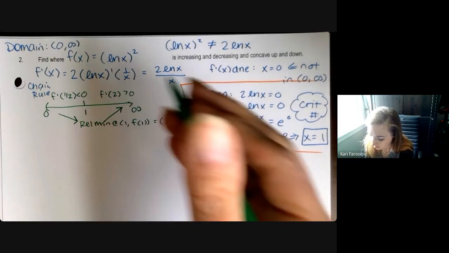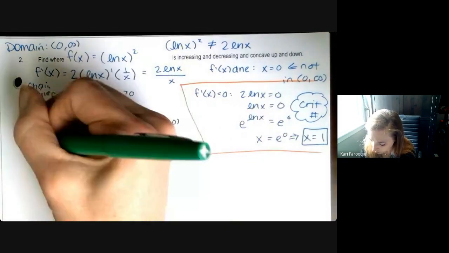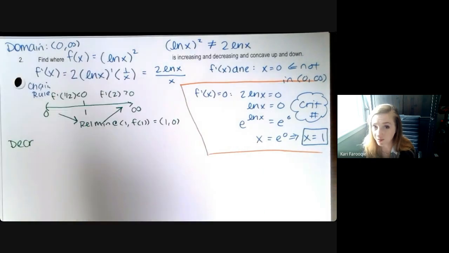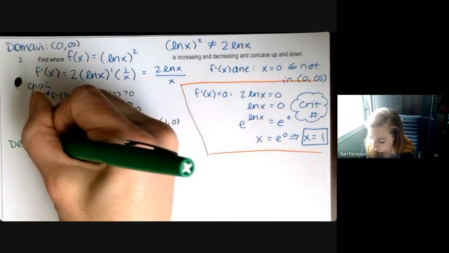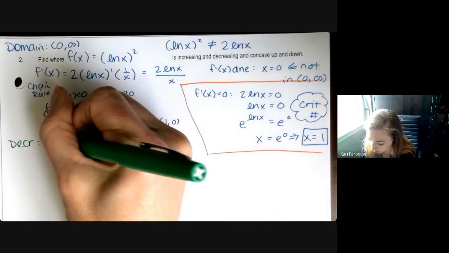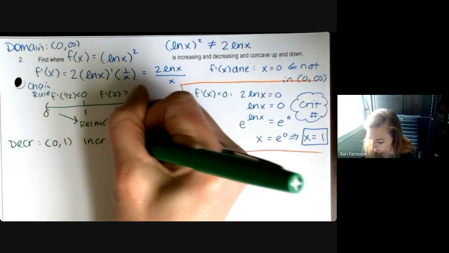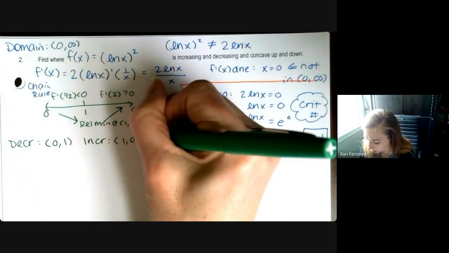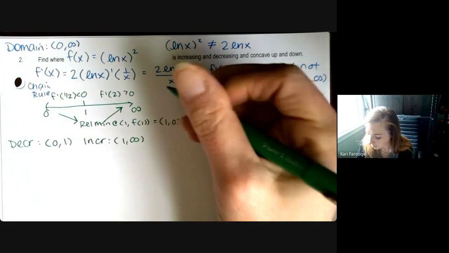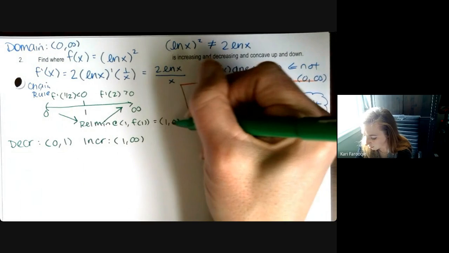So we can go ahead and say that f is decreasing. I'm going to write small because I still need to talk about my second derivative. Decreasing from 0 to 1. I'm increasing on 1 to infinity. And we have a relative min at 1, 0.